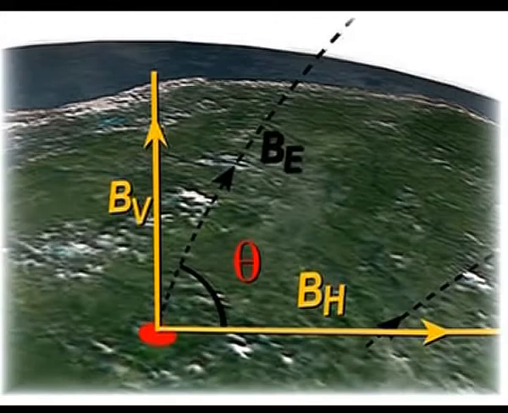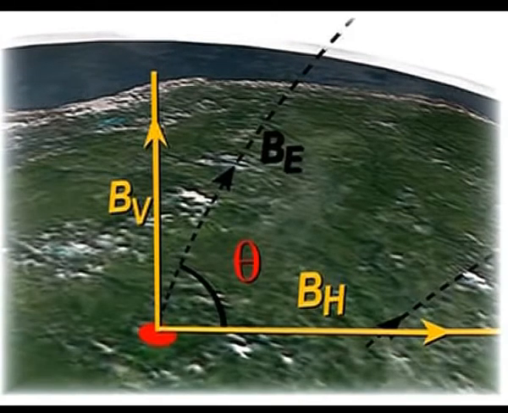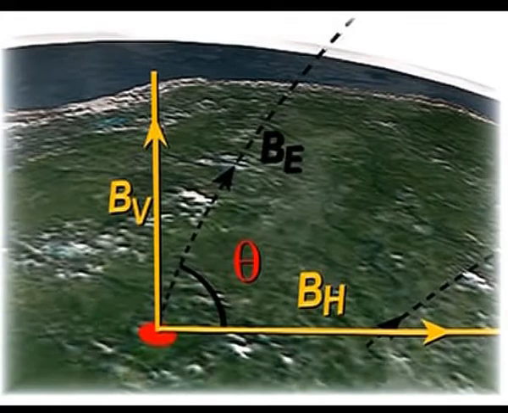But the difference in the two situations is that in the northern hemisphere of Earth, the vertical component of the magnetic field is vertically downward, and in the southern hemisphere of Earth, the vertical component of Earth's magnetic field at any point is in the vertically upward direction. And you can relate the two components as BV by BH equals tan theta. That is the relation between the two components of Earth's magnetic field.